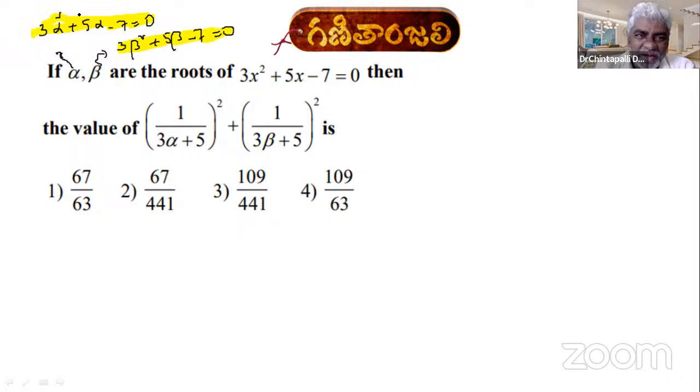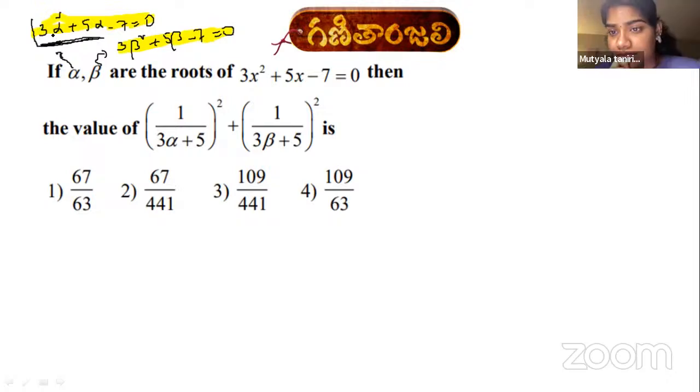Oh, one thing is missed. We know what is 3 alpha squared plus 5 alpha. From this equation, 3 alpha squared plus 5 alpha is equal to positive 7.